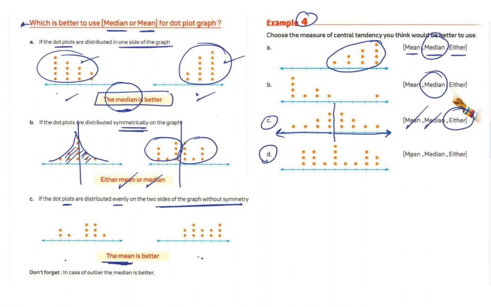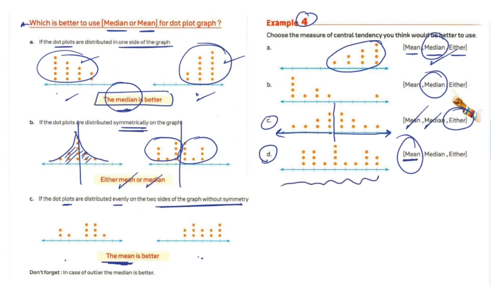Use the mean. Again, when you have dots on the right or on the left, I will use the median. When you have symmetric, either median or mean, it's the same. When you have just random distribution, use the mean.